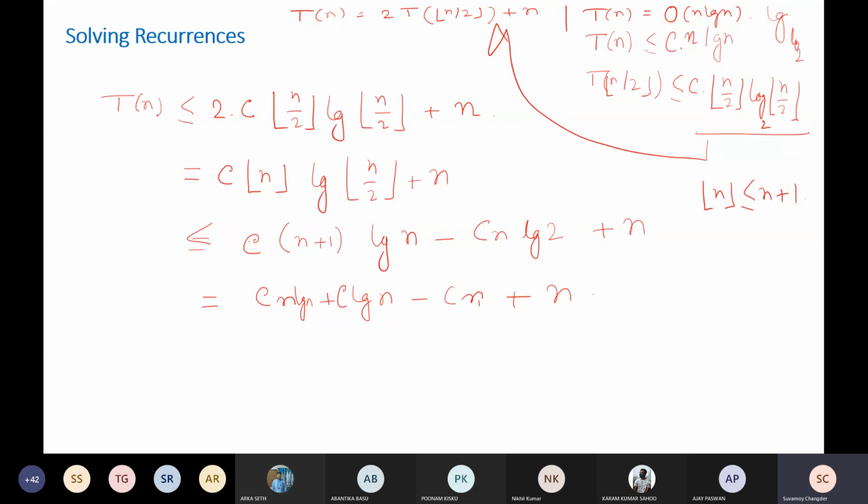So what we are getting is Cn log n plus C log n minus Cn plus n.